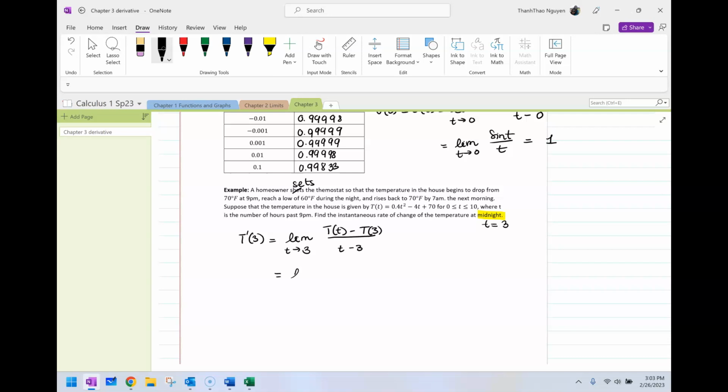That is the limit as t approaches 3 of (0.4 t squared minus 4t plus 70 minus 61.6), divided by t minus 3. Simplify this.